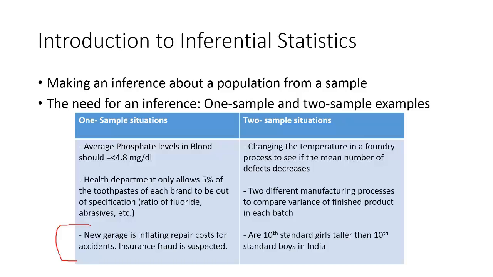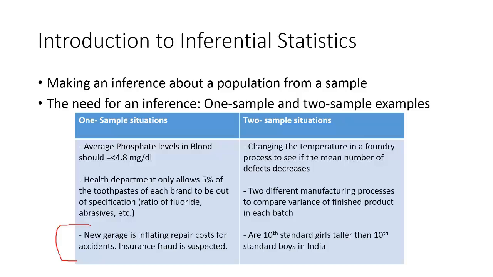And let's say this is a new garage, and the insurance company is suspecting that these guys are cheating, that they're set up as a place to not do any real work but just write really high invoices to the insurance company, so they're involved in some kind of a fraud.